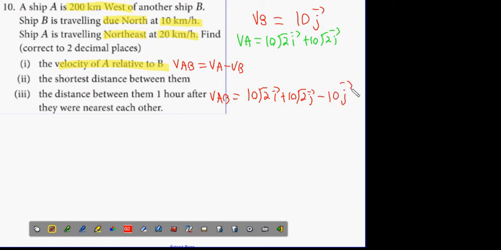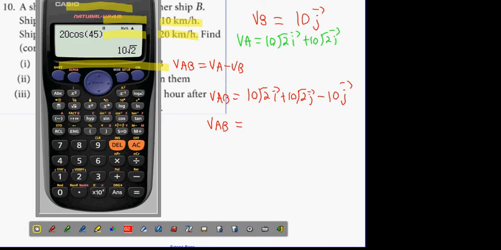Now, I see no point in keeping it in surd form, because then I'm just going to have 10 root 2 minus 10, so I might as well put that into the calculator and find out what it is. My answer has to be in 2 decimal places, so I'm going to use 3 decimal places until the very end.